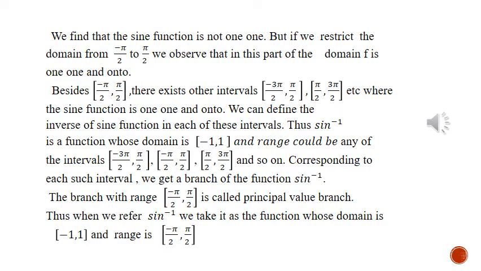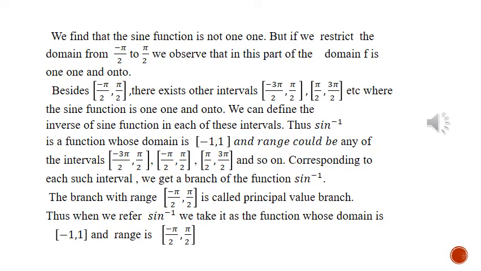Again, the closed interval [π/2, 3π/2], etc. In all these subintervals, corresponding to each x, there exists only one value of y, that is sin x, or points on the curve. So in each of these subintervals, the sine function is one-one and onto.